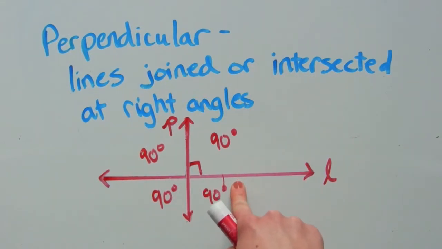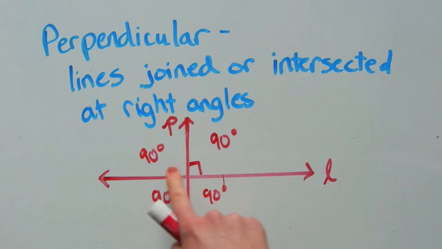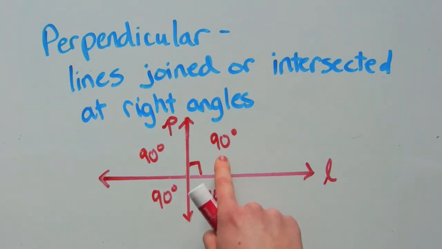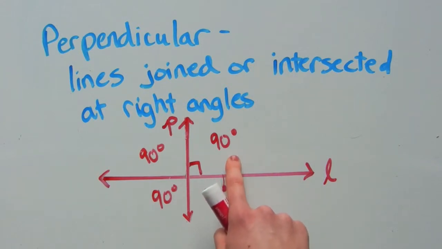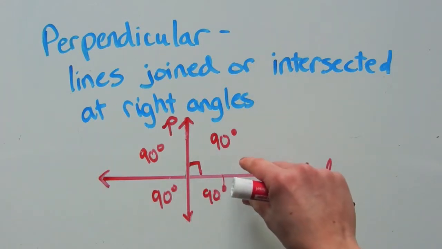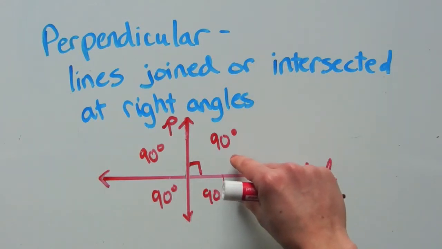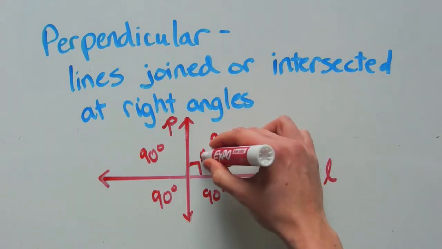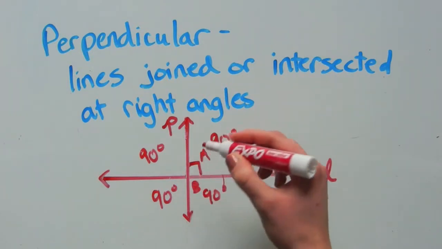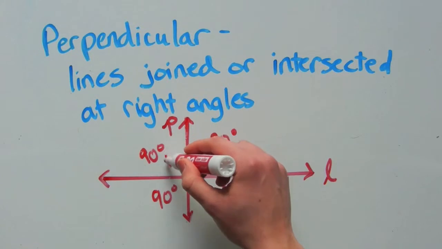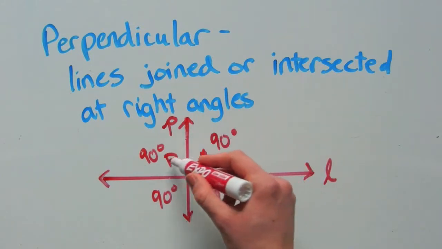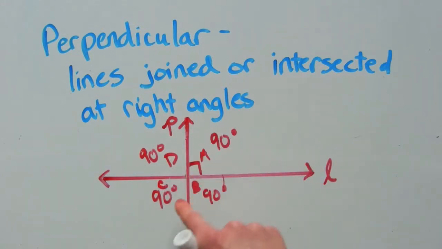So perpendicular lines have 4 right angles, and if you notice, all the angles are congruent, and you have sets of adjacent angles. So angle A is adjacent to angle B, angle A is also adjacent to angle D, and angle D is adjacent to angle C, and C is adjacent to B.